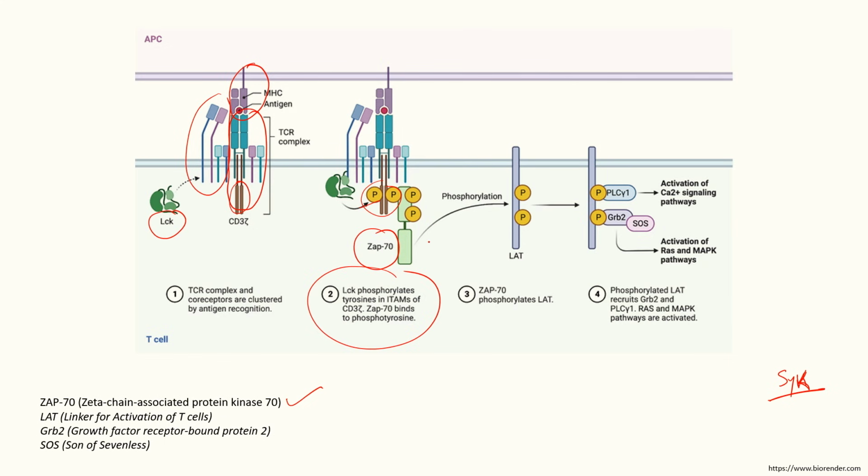And once this phosphorylation is done, it can cause further phosphorylation of linker for activation of T cell, which is again a molecule docked into the site of the cell membrane. So linker for activation of T cell, LAT, gets phosphorylated, and this phosphorylated form of LAT is recruiting a lot of other kinases and signaling molecules, exactly like in the B cell.